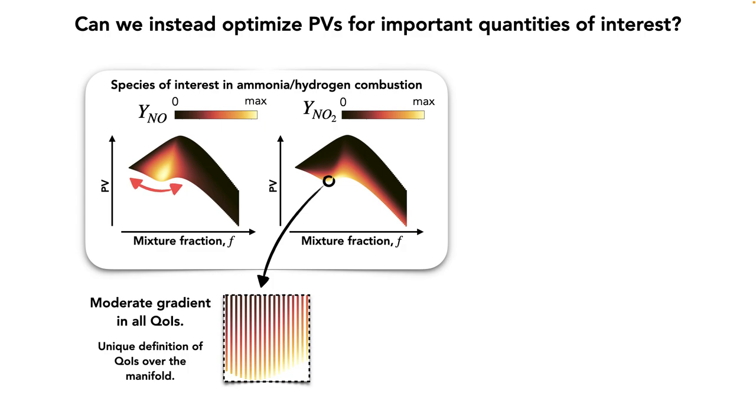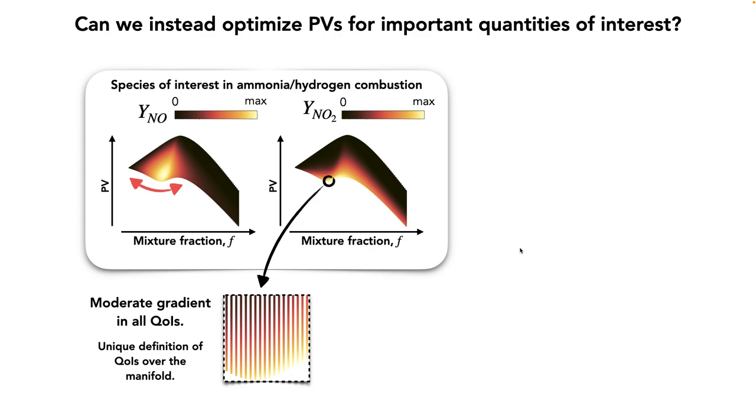But even more than that, our strategy allows us to alter the shape or the topology of this parameterization such that important quantities of interest are represented as best as possible. This gives the modeling community a chance to adapt parameterization topologies towards variables that are of most interest at a given time. We may, for example, be particularly interested in modeling pollutant formation, for example, NOx species.